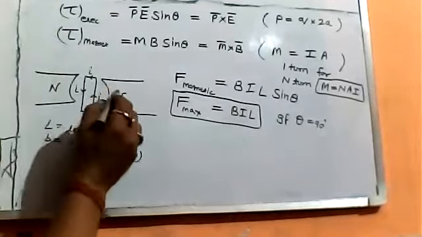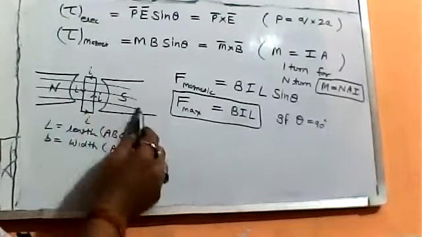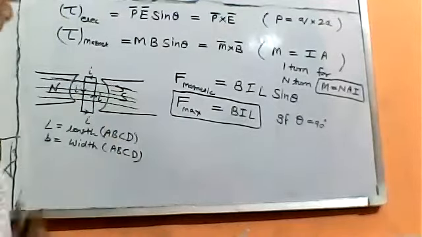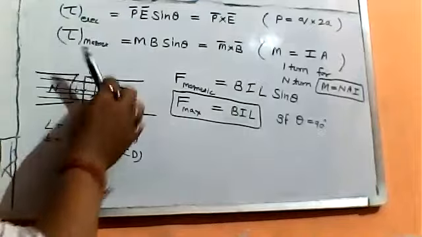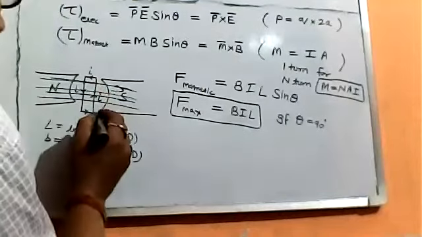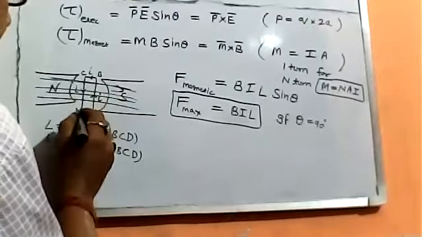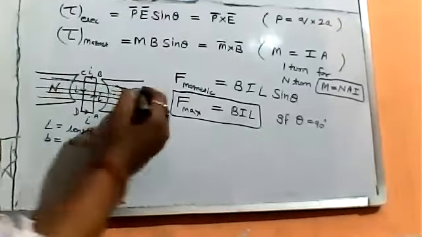In this case, I am showing the direction of the magnetic field on the board, and the conductor is at 90 degrees with the magnetic field. This portion is not. Is this clear? For the four sides A, B, C, D, side AB is perpendicular to the magnetic field.